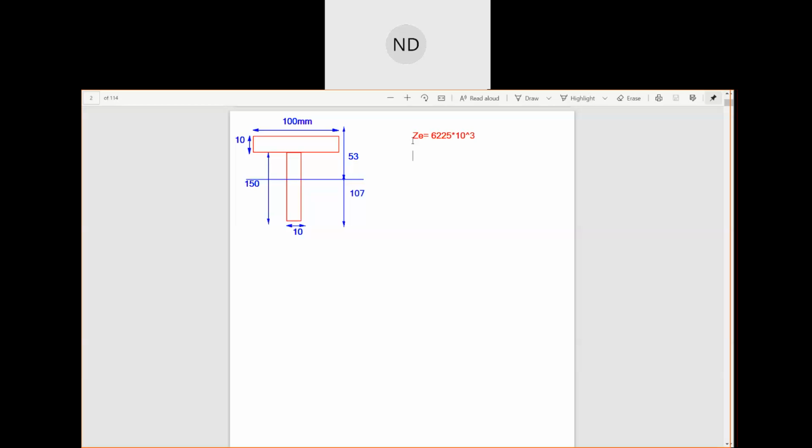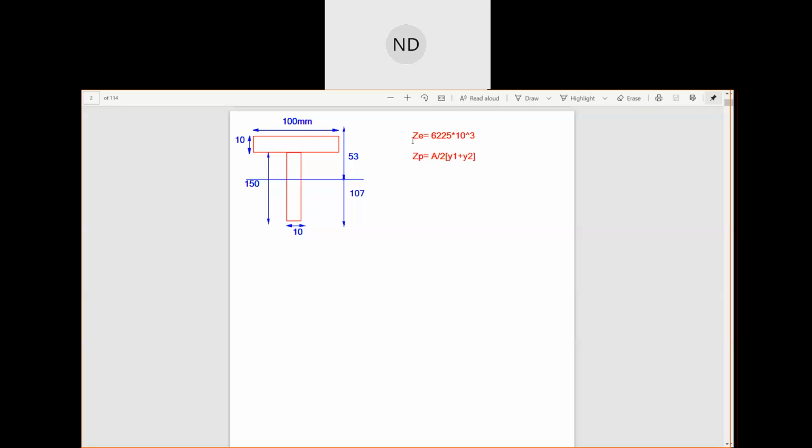Now we have to calculate our ZP. ZP was A by 2 into Y1 plus Y2, where capital A is the total area.